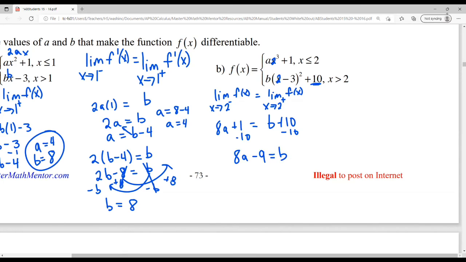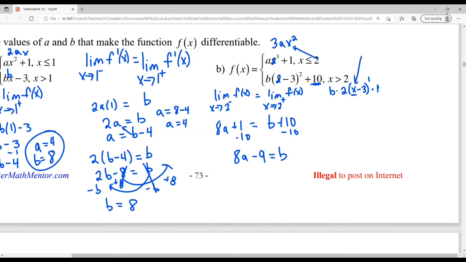We do the same thing for the derivative. The derivative right here would be 3ax squared. The derivative in the denominator, we could use chain rule if we wanted to. That would be b times 2 times x minus 3 raised to the first power times the derivative of x, which is just 1. So then we plug 2 into that. So we're going to plug 2 in right here and 2 in right there.